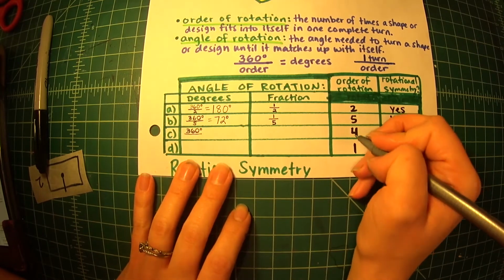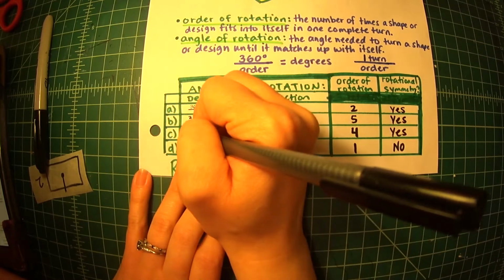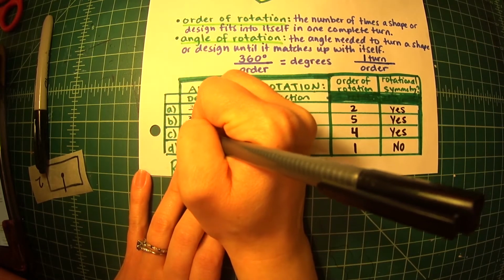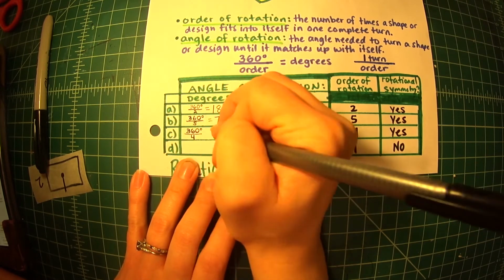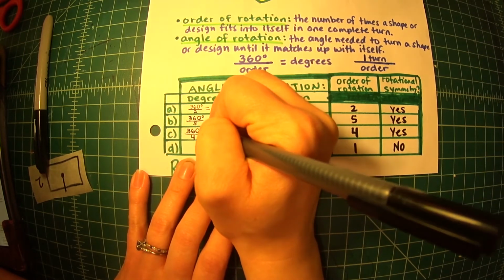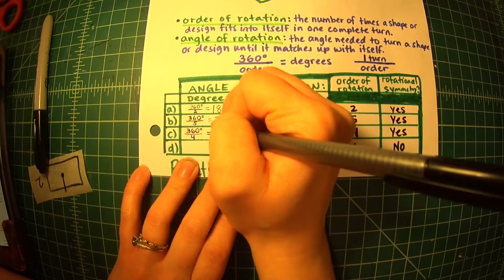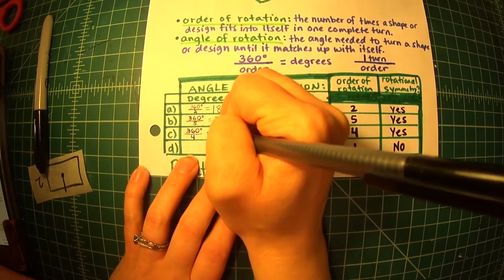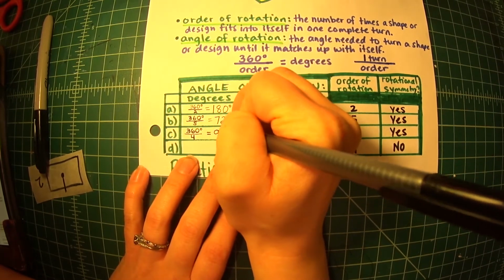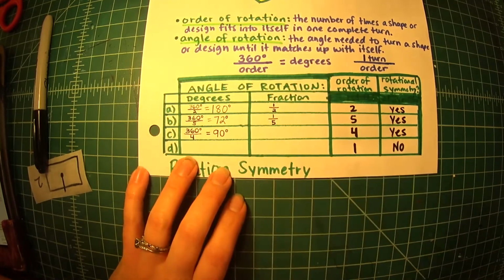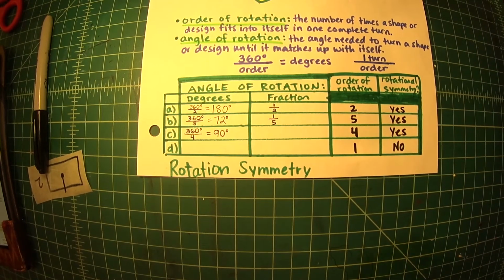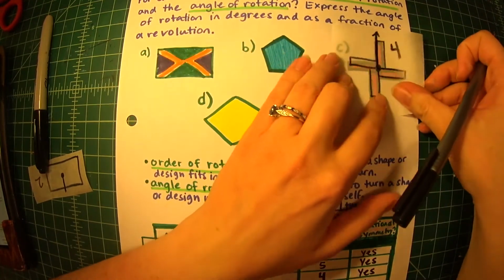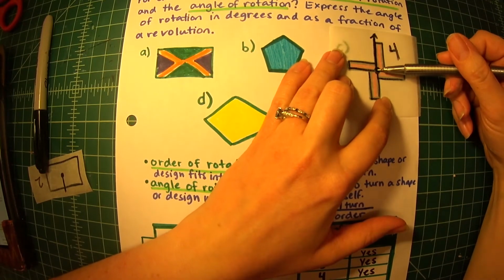So this one matched up with itself 4 times in a complete turn. So 360 divided by 4. If you need to put it in your calculator, you go ahead and do that. Works out to 90 degrees. So every time I had to turn this 90 degrees before it matched up.